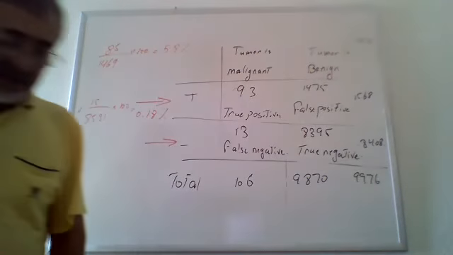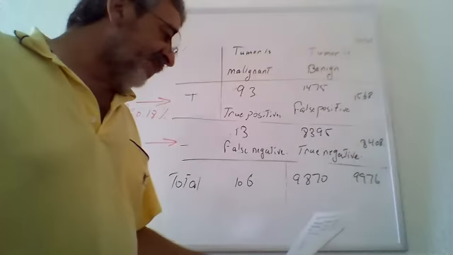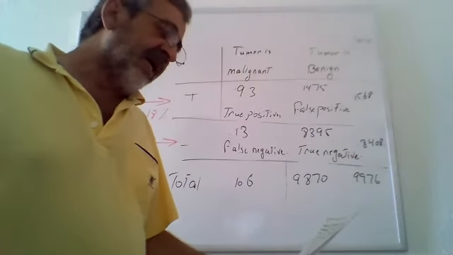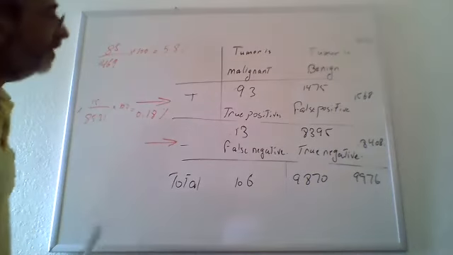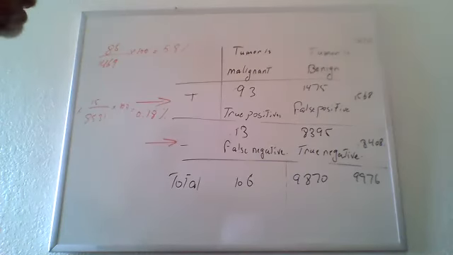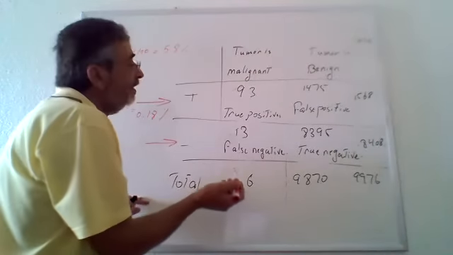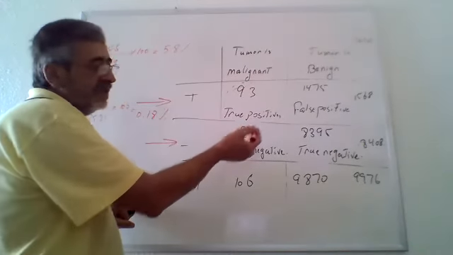Now the question is, it says, use the table. What was the total number of women whose test gave incorrect results? So how many women got incorrect results? What do I do in this case? Is this a true result? Anybody? Looking at the first one, is this a true result?